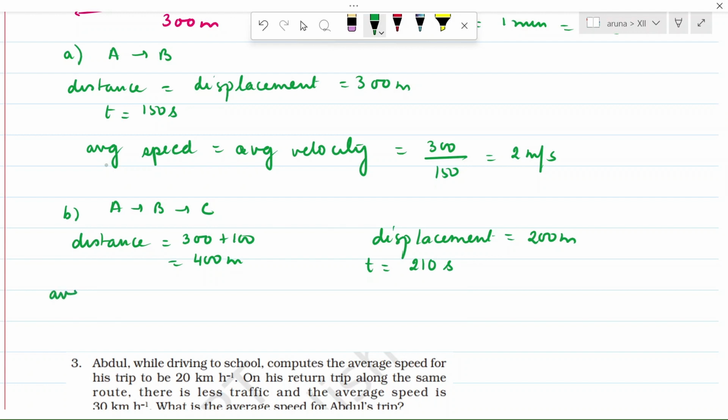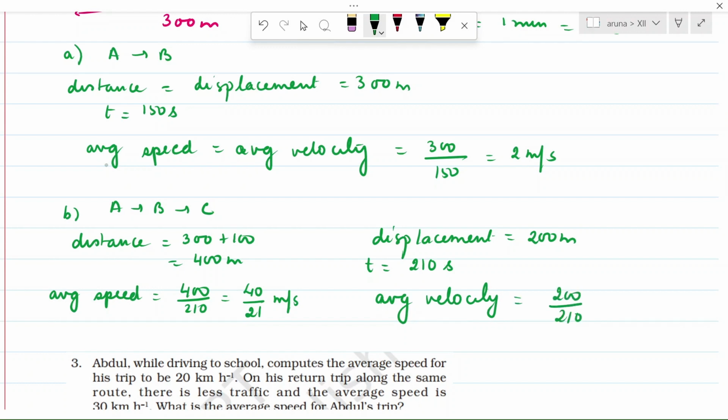So average speed is 400 upon 210, which is 40 upon 21 meter per second. And average velocity is 200 upon 210, so 20 upon 21 meter per second. So now the two values are different because the situation is slightly different for average velocity.